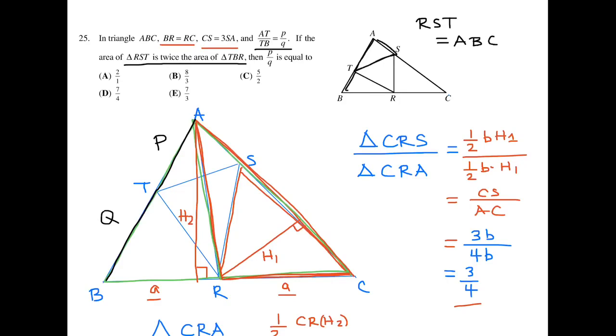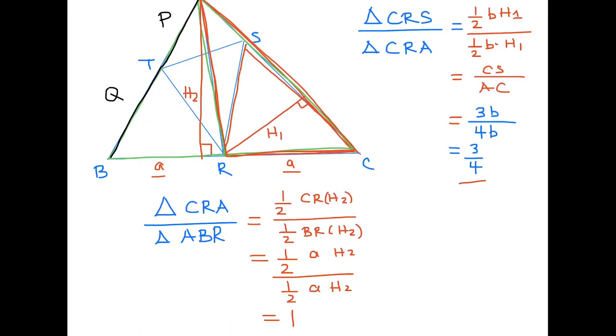Minus these three smaller triangles. So minus CRS, minus TBR, minus ATS. And we've got all of these, so we can put them in.